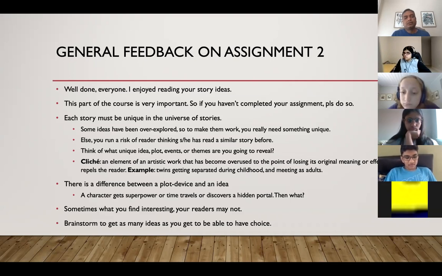Lastly, brainstorm to get as many ideas as you can to be able to have a choice, right? So the reason we asked for 3 ideas, even though we were going to develop only one, was simple. The harder you think, the more ideas you get, and the more choice you will have to pick which one you want to spend time on.